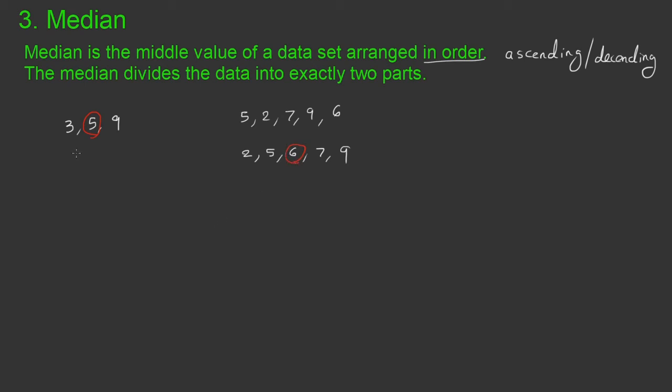Now look at it: in the first case I have 3 terms. The middle term is the second one. In the second case I have 5 terms. The middle term is the third term. This gives an idea that the middle term is the (3 plus 1) by 2th term in the first case, and here it is the (5 plus 1) by 2th term.